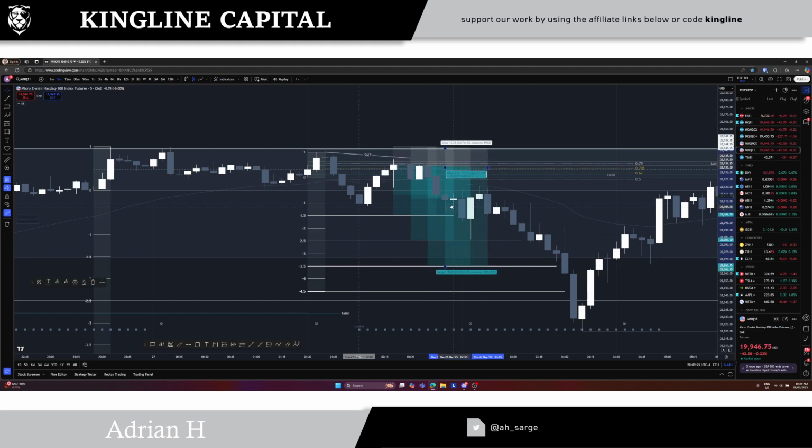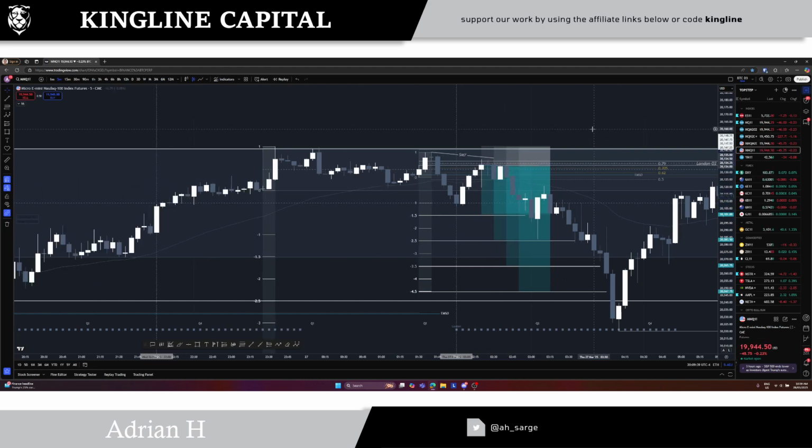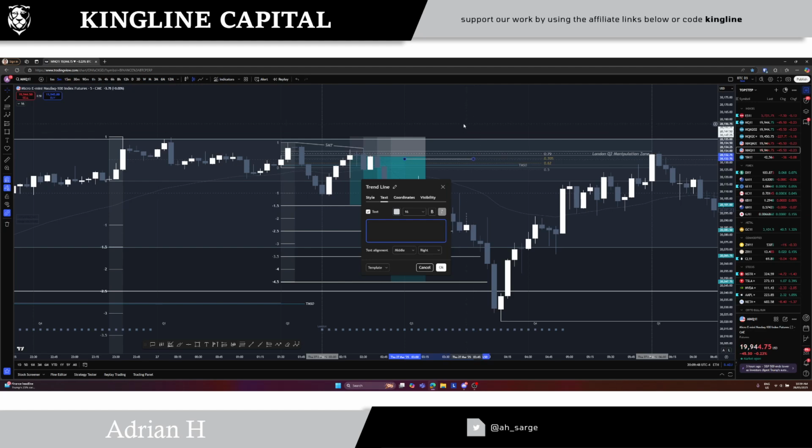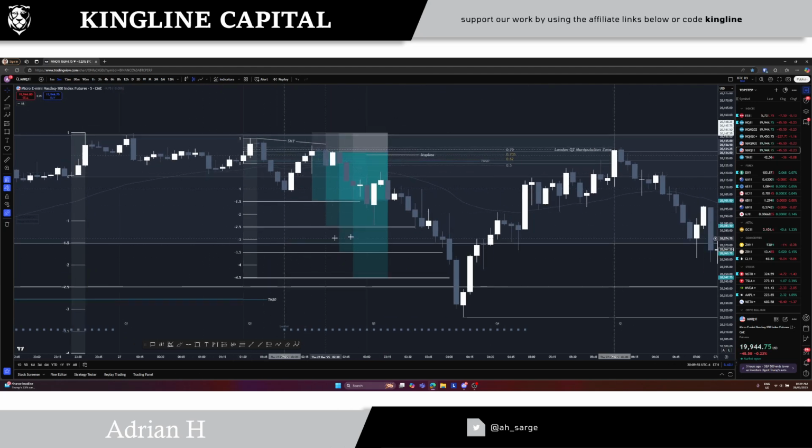Different targets for each account. Like so. We hit SD 1.5. Stop loss goes to break even. 2.5, next account's out, 3.5, and then 4.5.